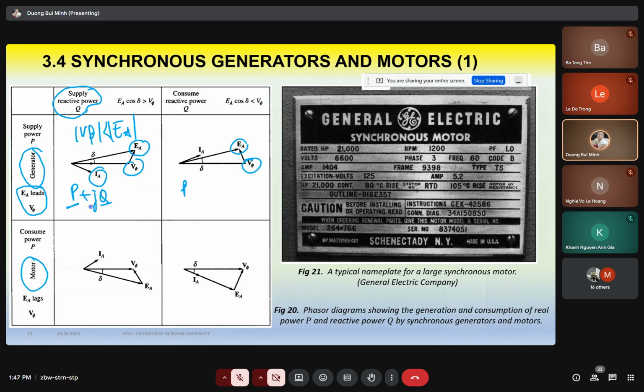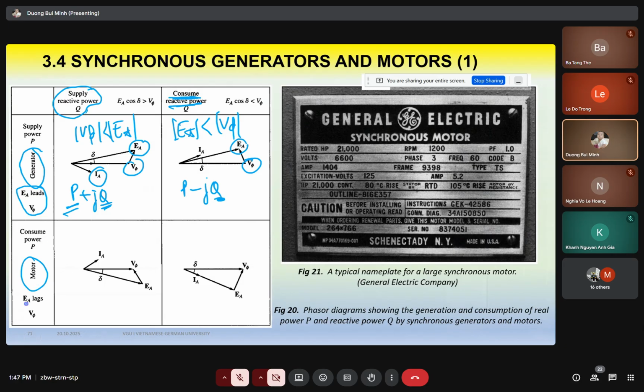Now EA is smaller than V phase, so you get P minus jQ. That means the generator will consume reactive power, because EA is less than V phase.